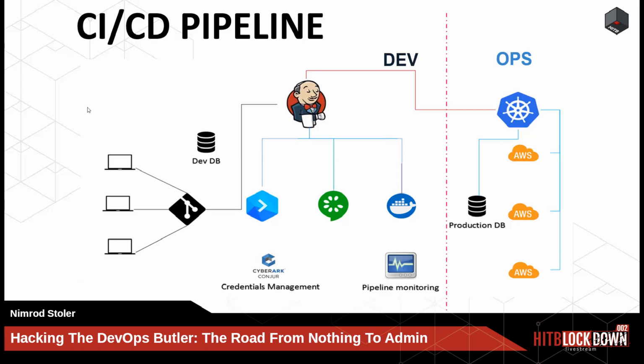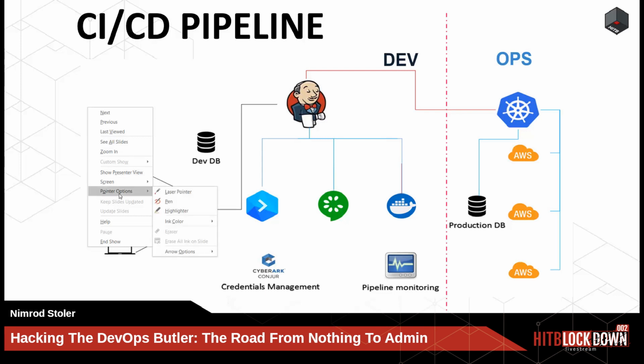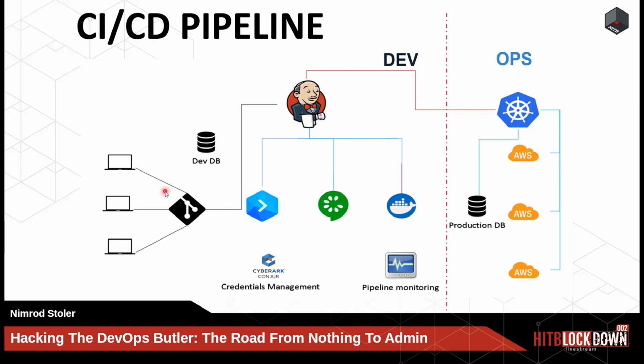So now we're going to start with this slide about an example DevOps pipeline. I'm going to switch to the laser pointer here.